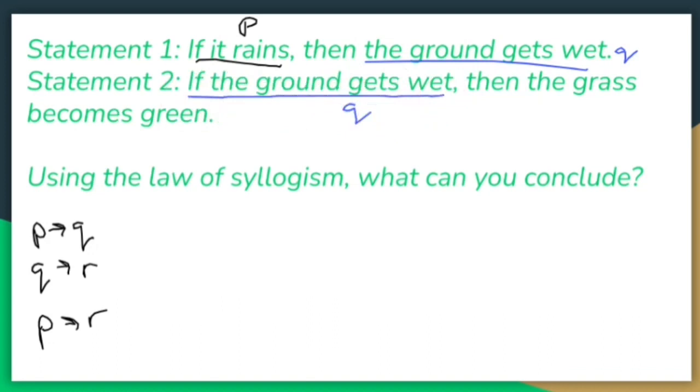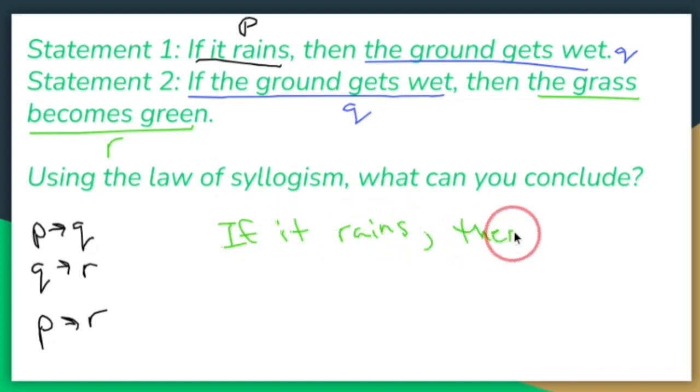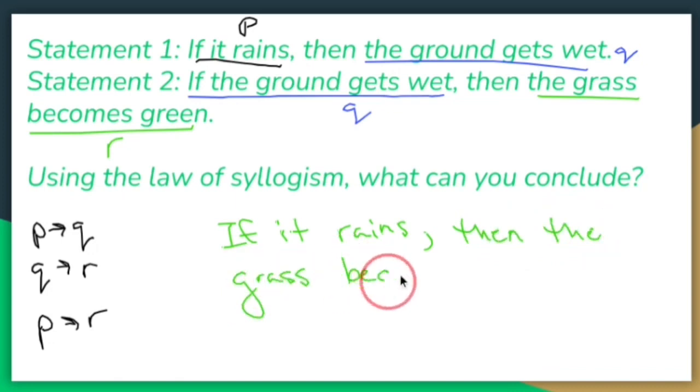So what we're going to do is cut out the middleman and go right from P to R. If it rains, then the grass becomes green. And look at that, I chose a green pen just for this. I did it on purpose.